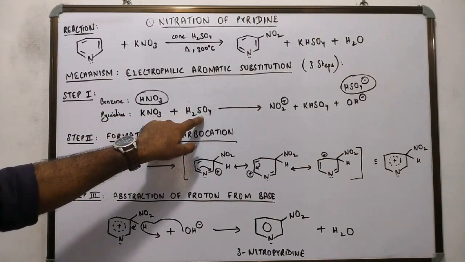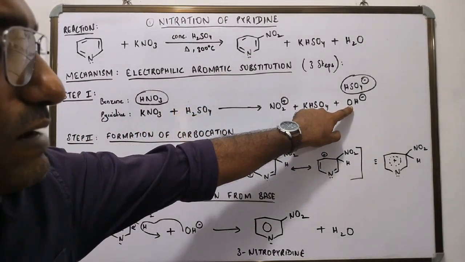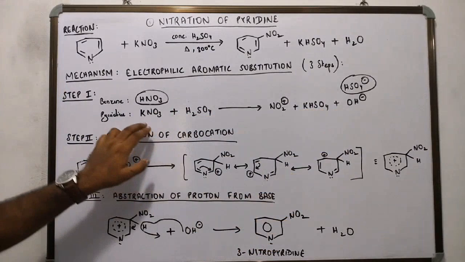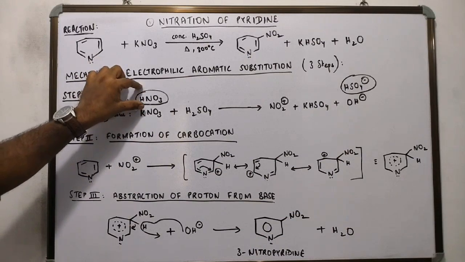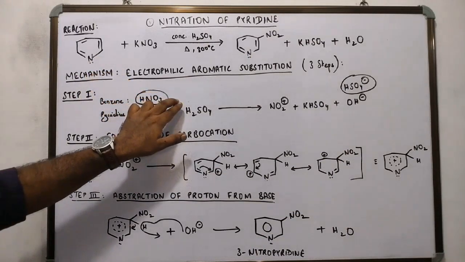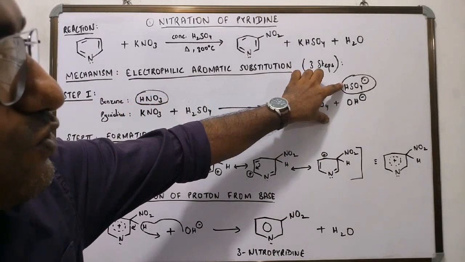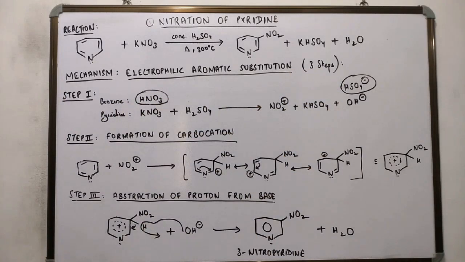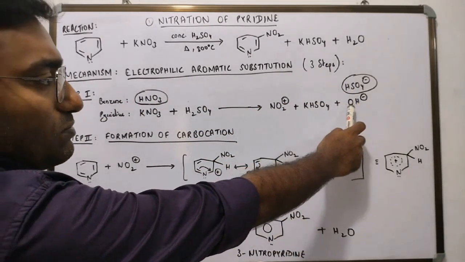KNO3 interacts with H2SO4 to yield a strong base, which is OH-. Had we used HNO3 in place of KNO3, then HNO3 would have interacted with H2SO4 to yield a mild base, which is HSO4-. In this reaction, we actually require a strong base like OH-.